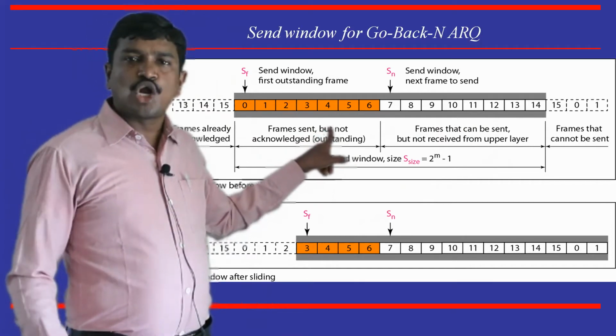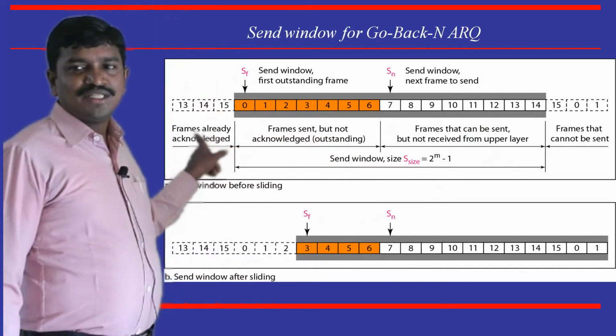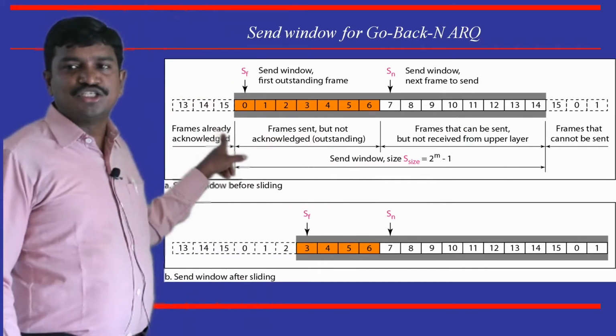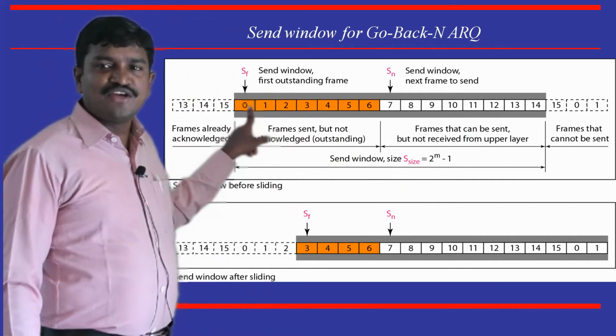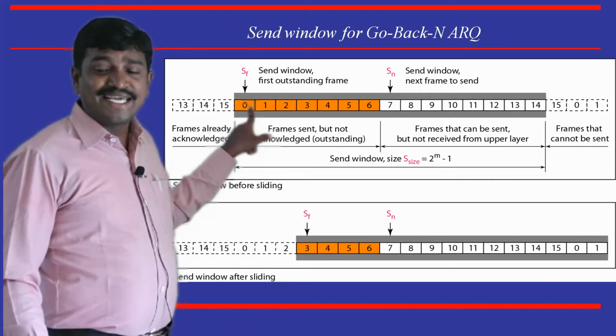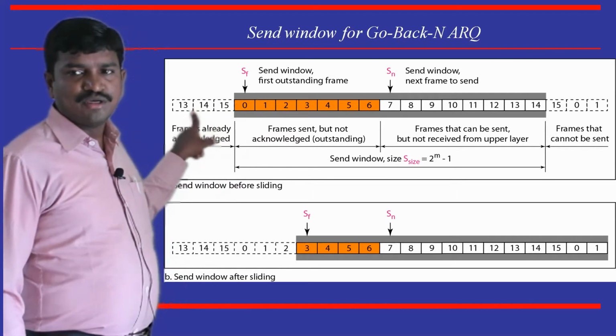The frames are already sent but not acknowledged. But if you observe this one, these frames are already acknowledged. SF pointing to this one means we are waiting for this acknowledgement. It indicates we have already received acknowledgement for 15, 14, 13.